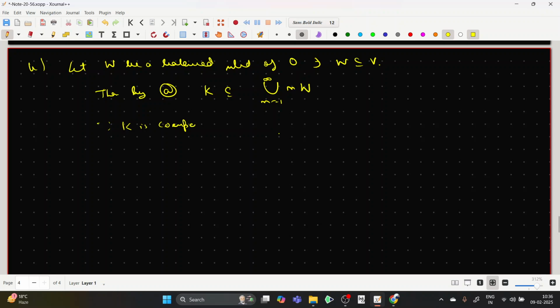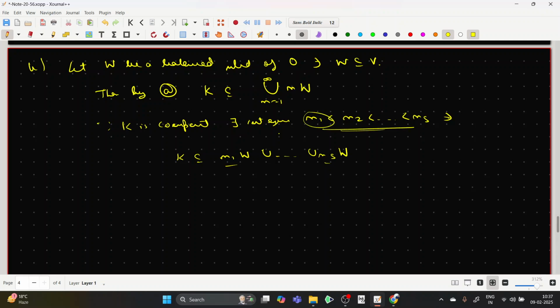Since K is compact, there exist integers n1 less than n2 less than and so on till ns, such that K is contained in the union of these sets n1 W union till ns W. But due to it being an increasing sequence, each of these n1 W's must be contained in ns W. So this is basically ns W, right? Clear?